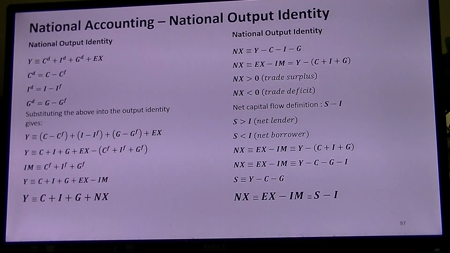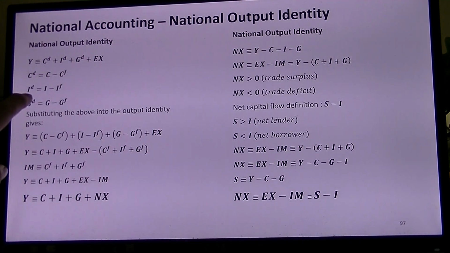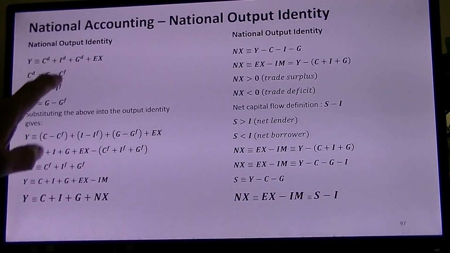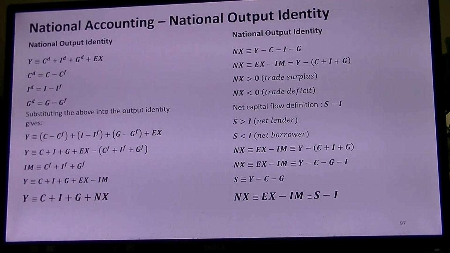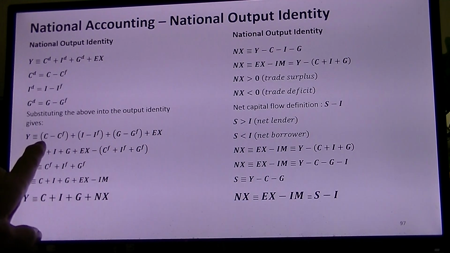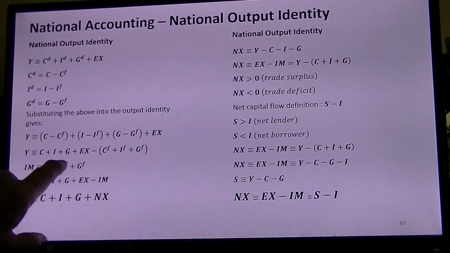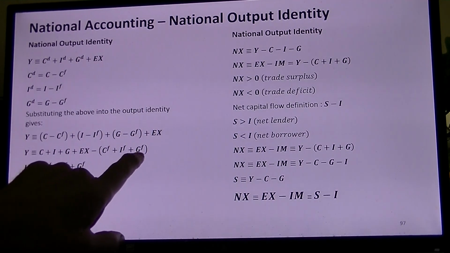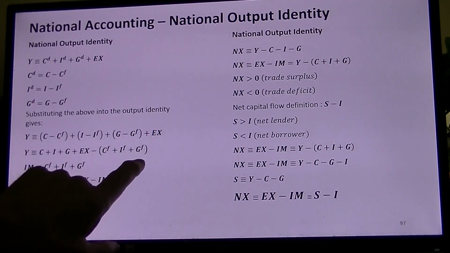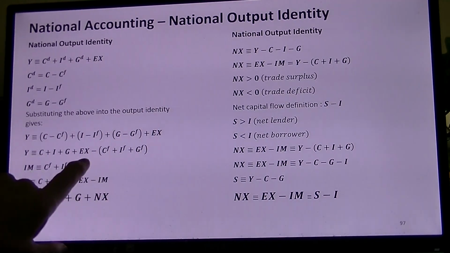So we can substitute this term into CD, this term for ID into ID, and for government domestic into GD, and then we rearrange here, and CF plus IF plus GF is just simply imports.